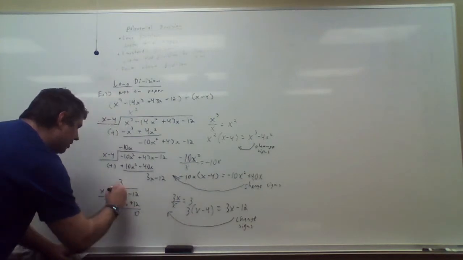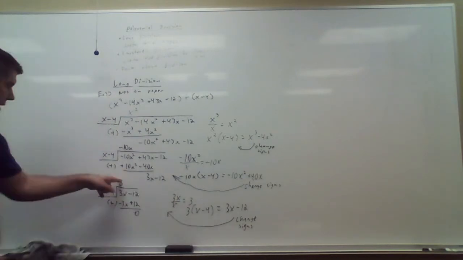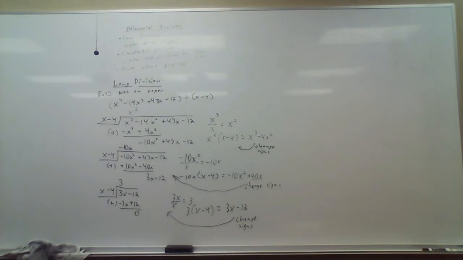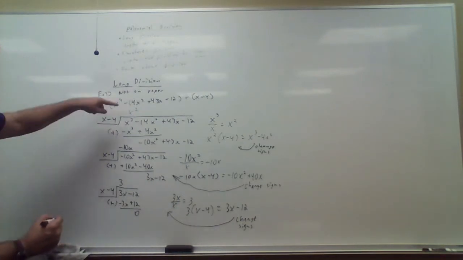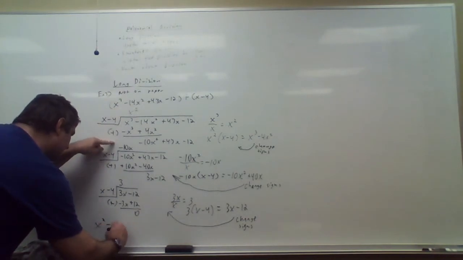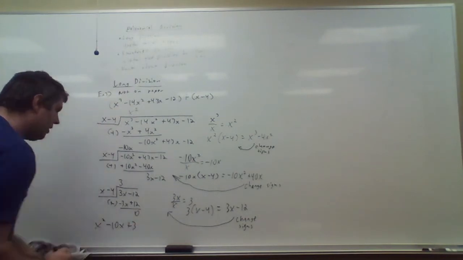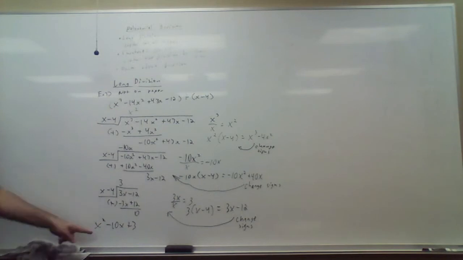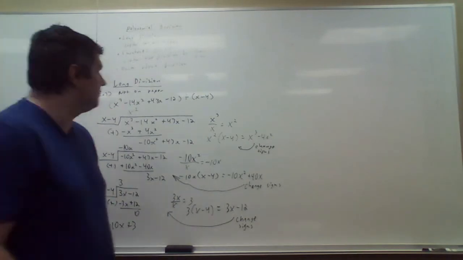There is no remainder. Okay? Put that 3 up there. So all I have is x squared minus 10x plus 3. That's the quotient. The remainder is 0 or no remainder. Okay?